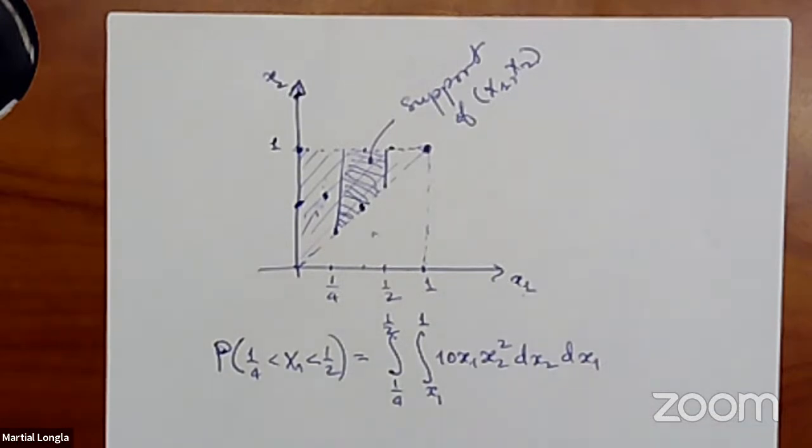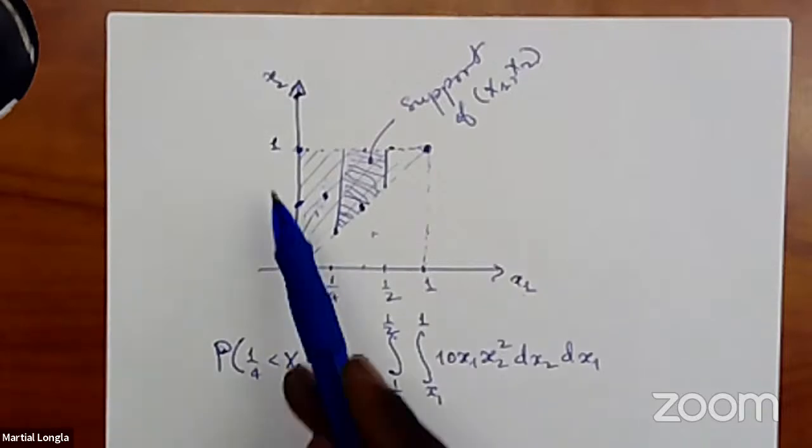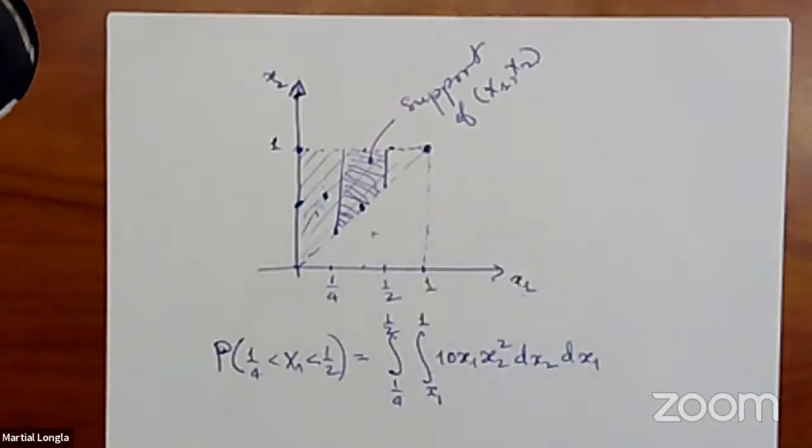Notice that for a different region, you could fall onto a completely different set of numbers here, right?